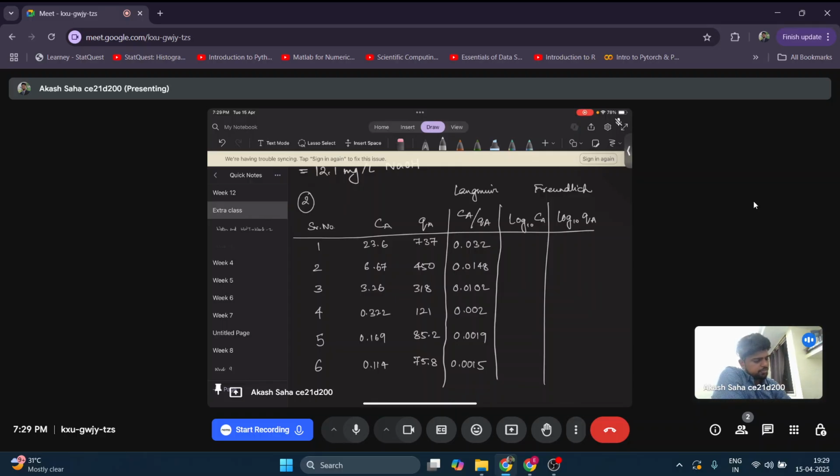So I'll just write down the values. This will be much easier to do in Excel. By one command in Excel, you will get the answer.